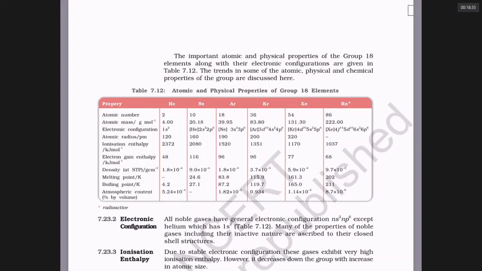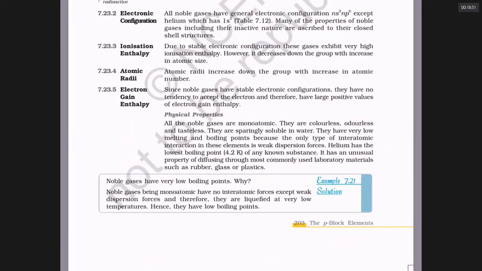Their densities are increasing down. Their solubilities in water slightly increase. Their melting points and boiling points will increase. And their atmospheric content varies differently by volume. Because the noble gases have fully filled valence orbitals, they are found to be very unreactive.